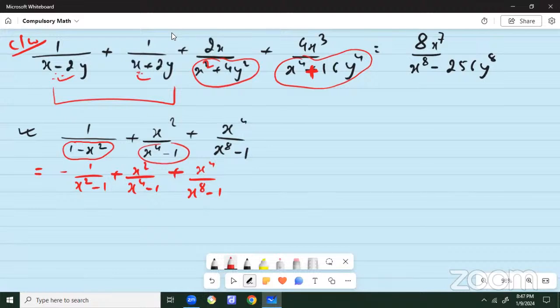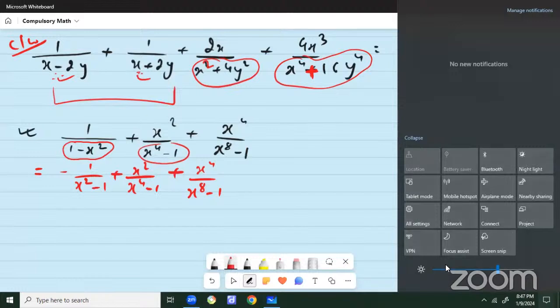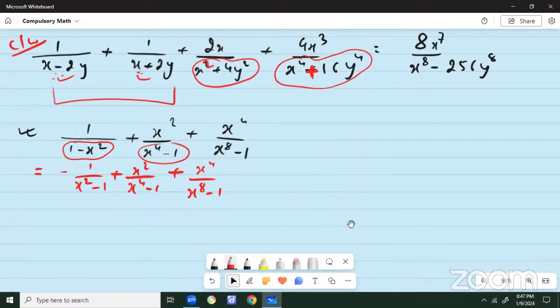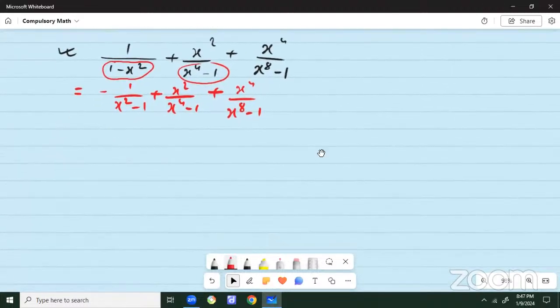Rupesh, Prashna, Ayush, what did you get? Did you get any answer, or are you still roaming around here and there? I'm trying, sir. Sir, I just took it as the same as the right hand side.